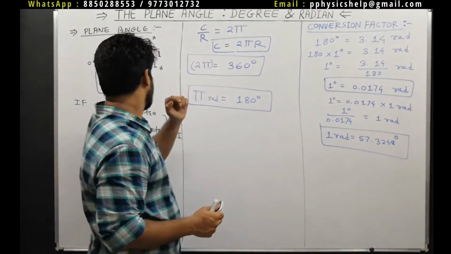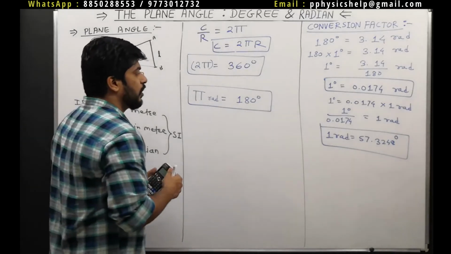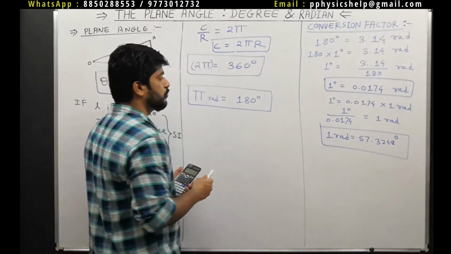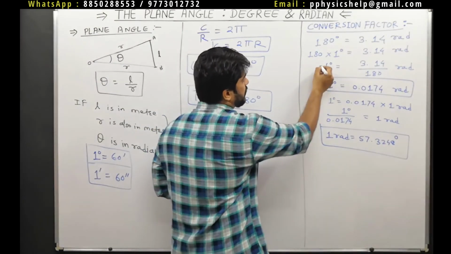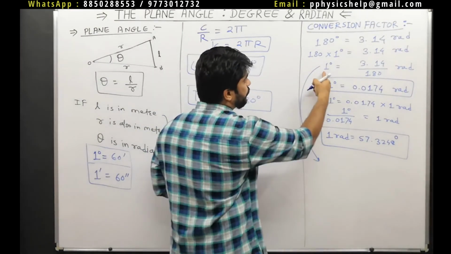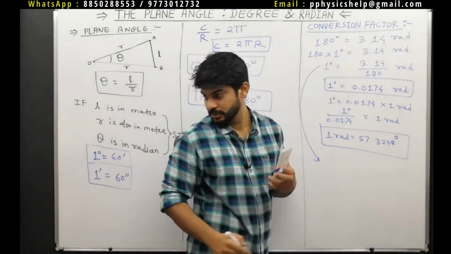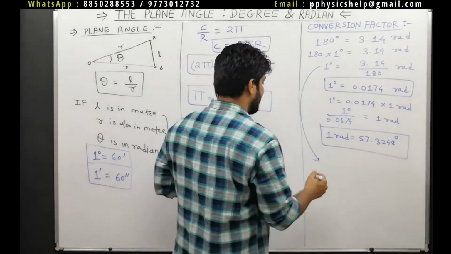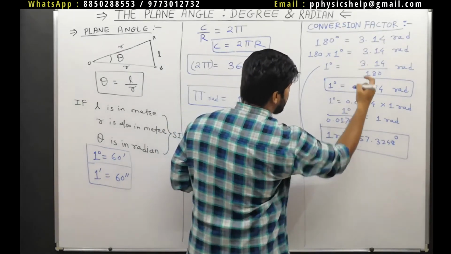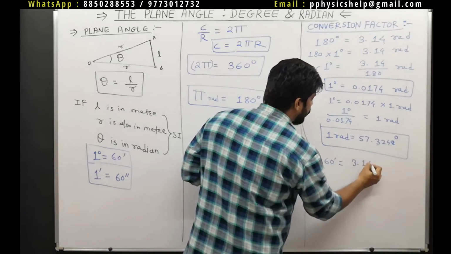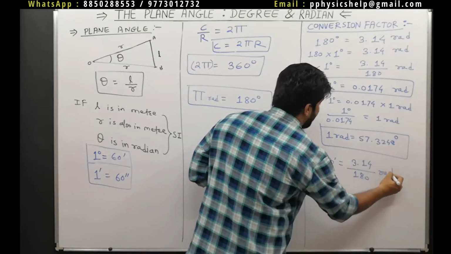Now we move to minute and second. Let's see what we can do. I will use this equation right here. This is 1 degree. Now you have just checked 1 degree is equal to how much over here? It is 60 minutes, right? So instead of 1 degree, I will write 60 minutes, and that is equal to this number, 3.14 upon 180, in radians.